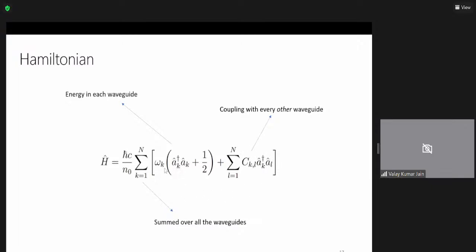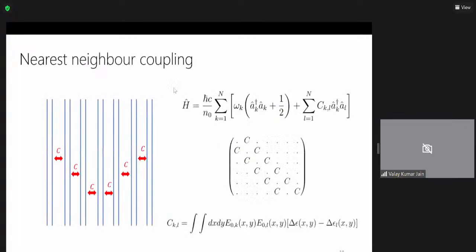So if I'm talking about a particular waveguide index K, then how many photons are there in waveguide K, as well as how many photons tunnel from different waveguides L into my waveguide K. This is the total energy in waveguide number K. And if I sum this energy for all the different waveguides, which is done by this summation, then I get the total energy of the system. And therefore, this is the Hamiltonian of the system.